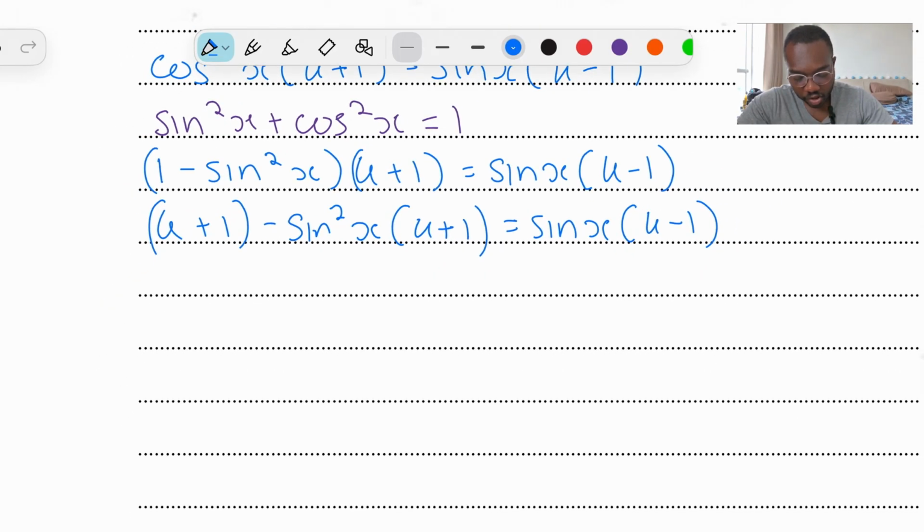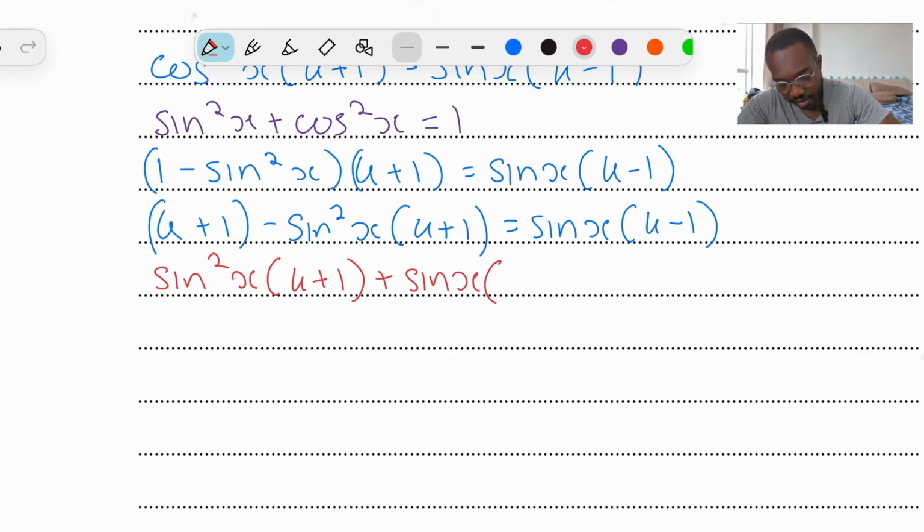And therefore, just need to rearrange this. So we get sine squared x (k plus 1) plus sine x (k minus 1). And then if we bring the k plus 1 to the other side, then we get minus (k plus 1), which is equal to 0.